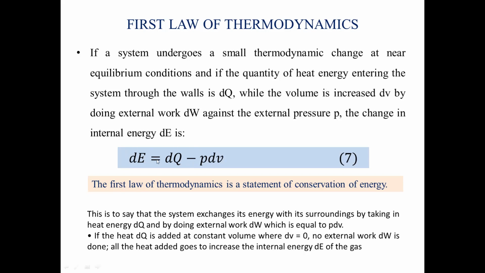So this is called the first law of thermodynamics. We can see this by taking some specific volume, and we can explain it later. This is to say that the system exchanges its internal energy with its surroundings by taking in heat energy dq and doing external work dw, which is equal to pdv. Okay, so that is the meaning.